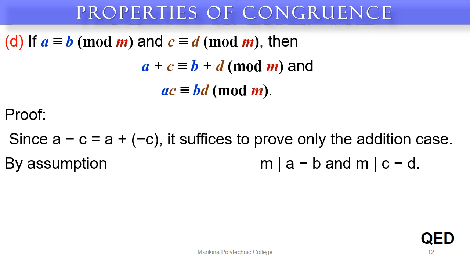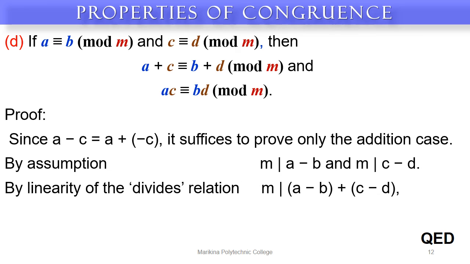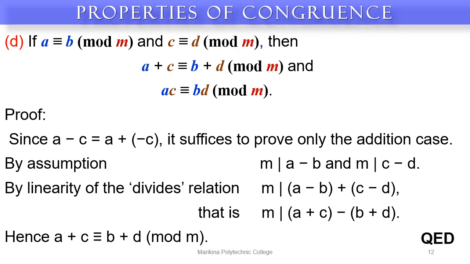By assumption, m divides a minus b and m divides c minus d. By linearity of the divides relation, m divides the quantity a minus b plus quantity c minus d. That is, m divides quantity a plus c minus quantity b plus d. Hence, a plus c is congruent to b plus d modulo m.